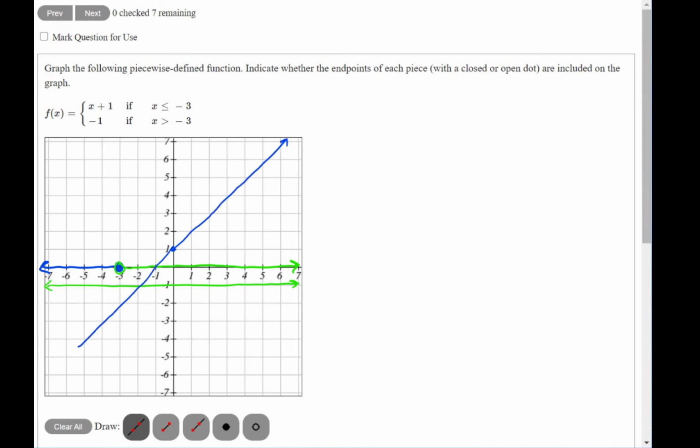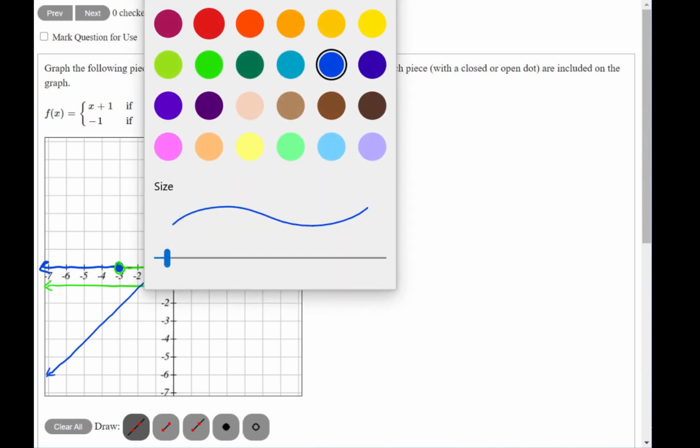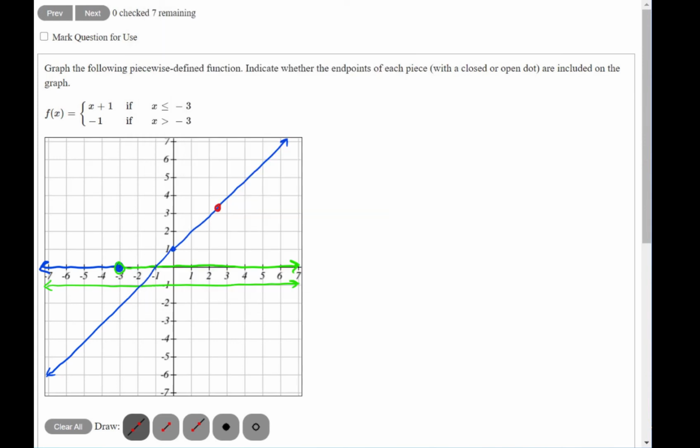So I'll kind of sketch that there. Now, what I've drawn fails the vertical line test at every single point, because at every single point there's a vertical line that this function has two output values for. So that can't be the graph. And the difference is these restricted domains.